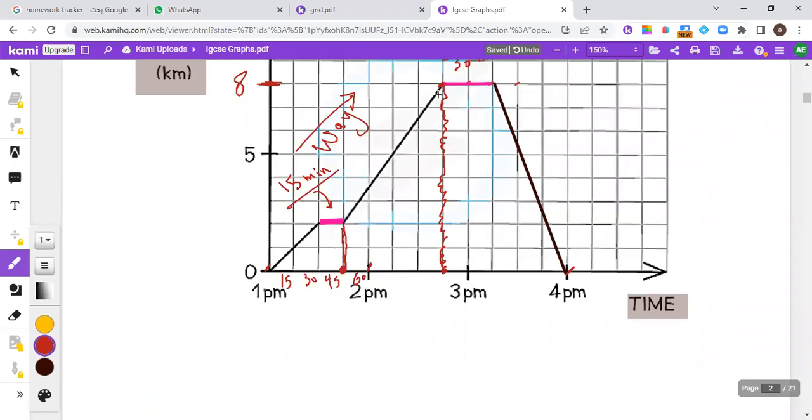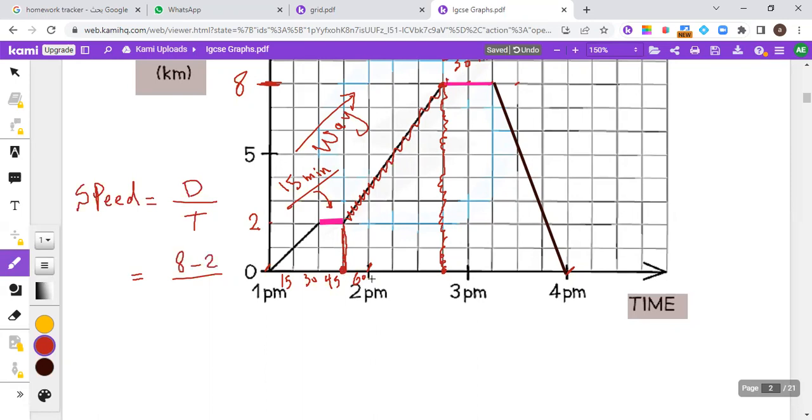Yusuf, you need to find the speed, distance over time. What is the distance here? We do 8 minus 2. 8 minus 2 is 6.